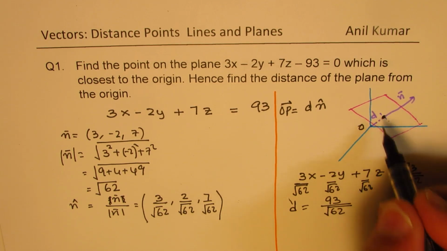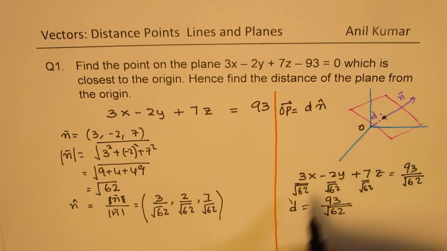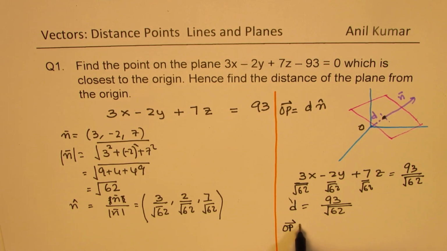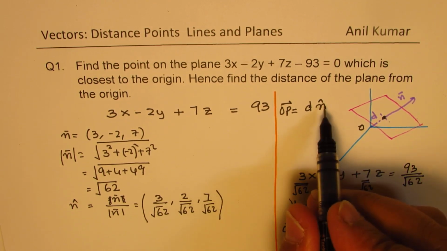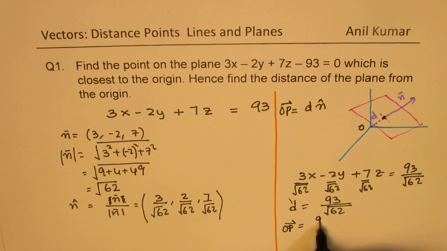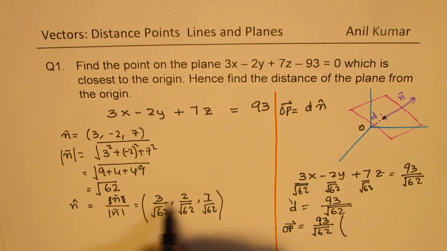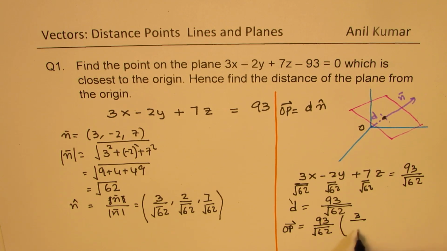Now the closest point, which is OP, for us will be the distance times the unit vector. So OP will be 93 over square root of 62 times the unit vector, which is 3 over square root of 62, minus 2 over square root of 62, and 7 over square root of 62. Correct?